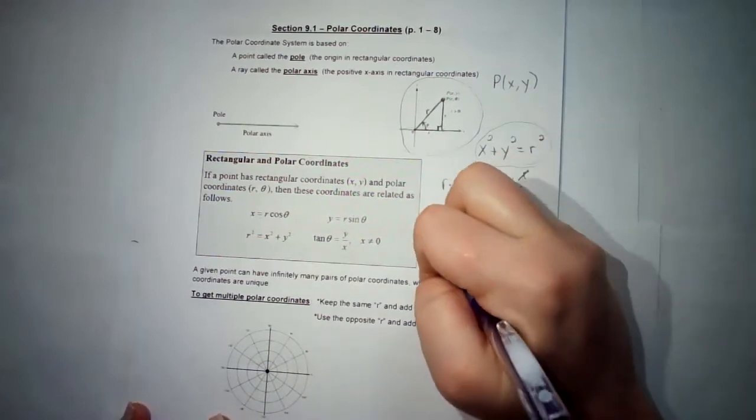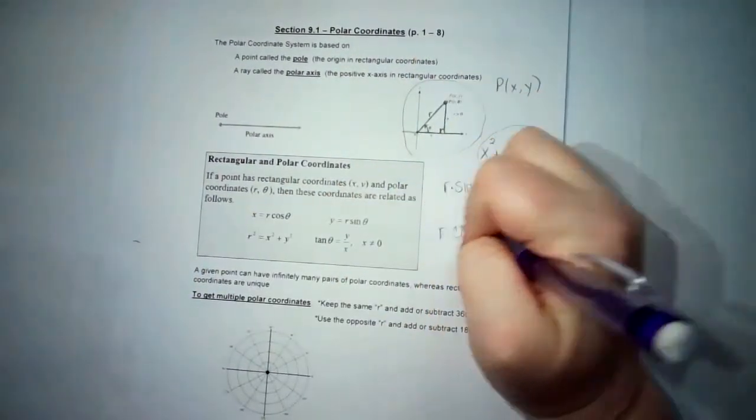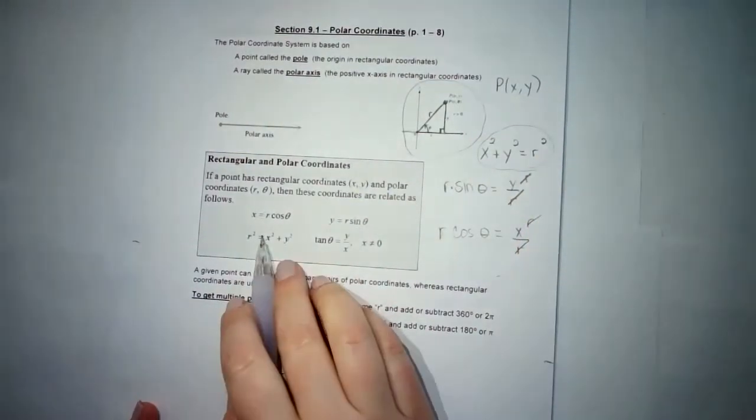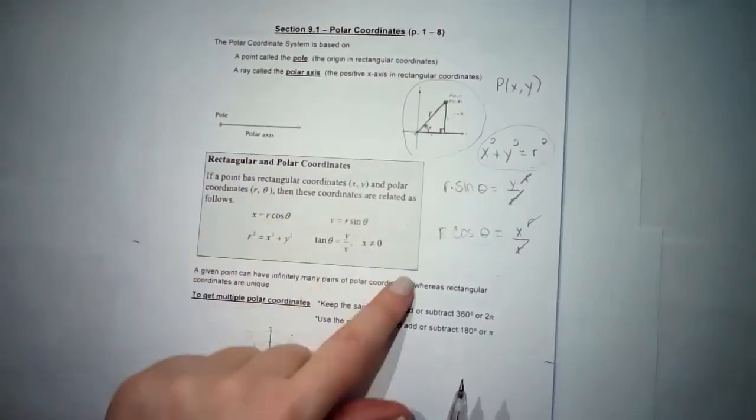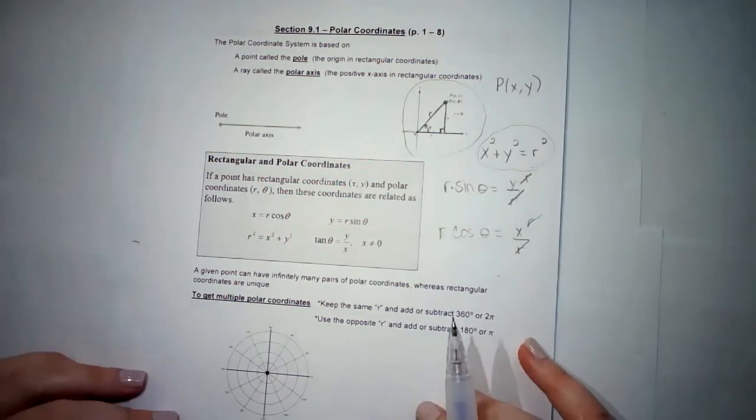I can multiply both sides by r for the cosine, and I get x equals r cosine theta. So we know all of these formulas already. It's just that we were calling r 1 when we were dealing in that inner circle. And now we have to keep it r because it could be anything, okay? It's all coming back.